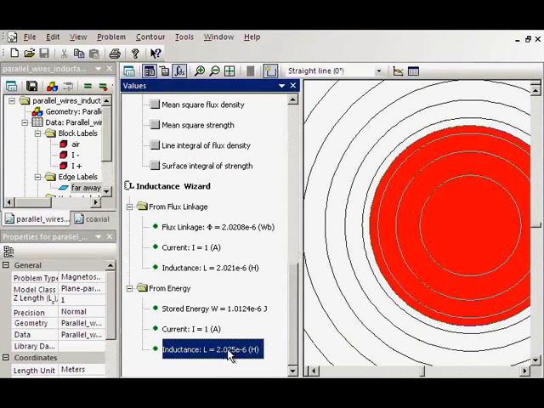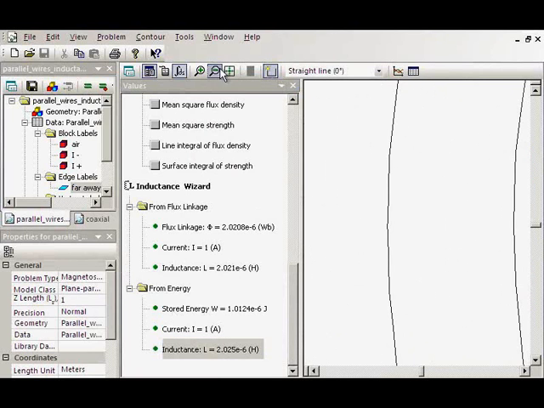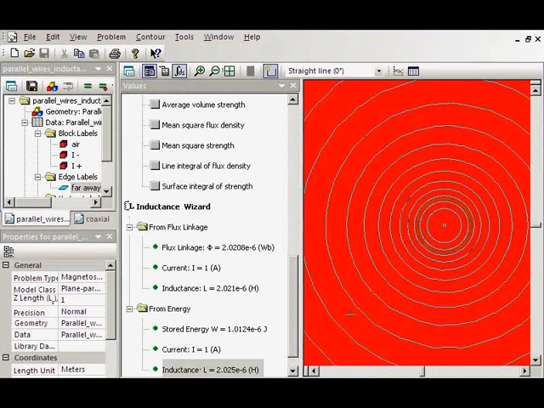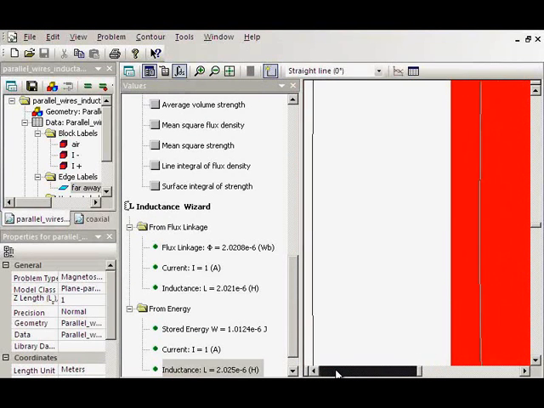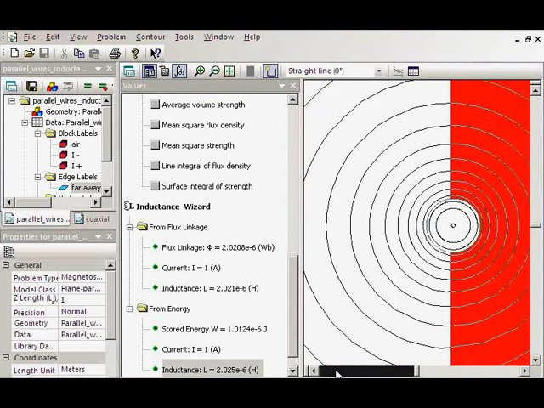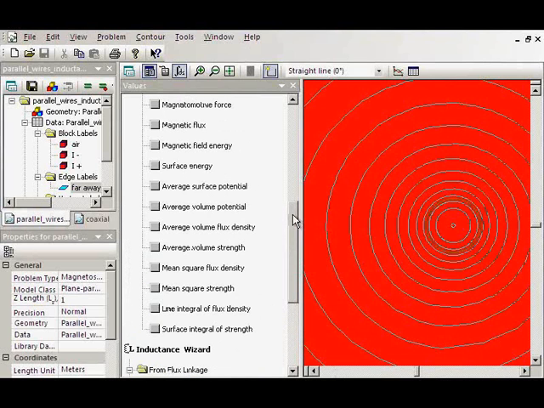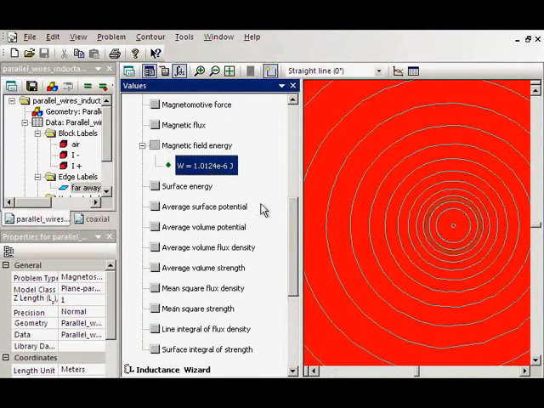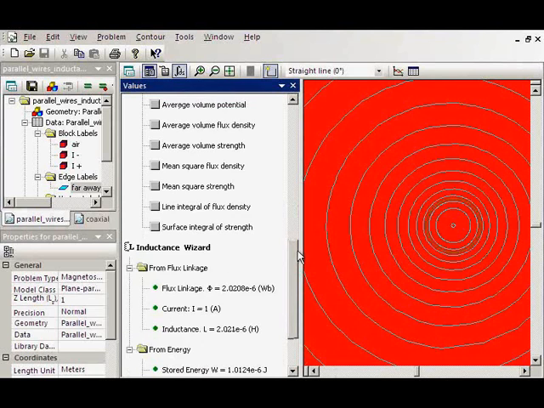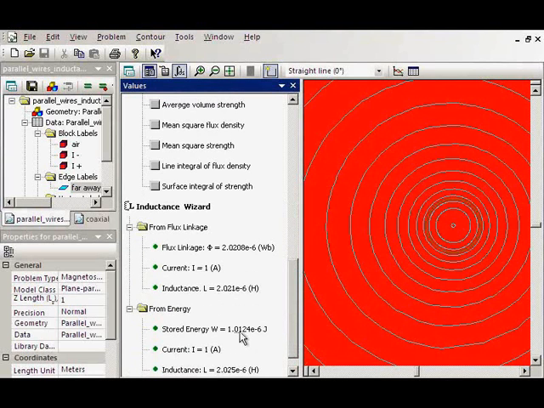In fact, you can calculate the stored energy manually. You need to select the entire region, and use this integral magnetic field energy. 1.0124.